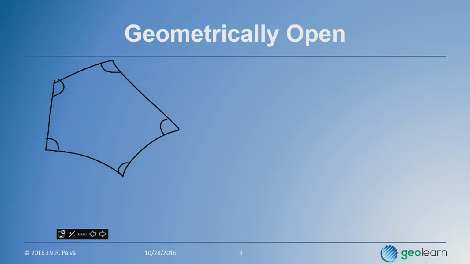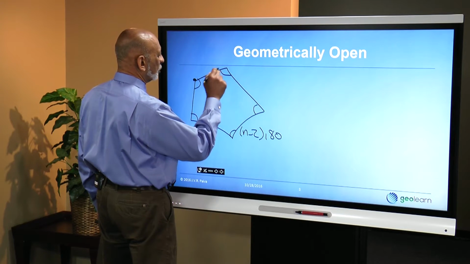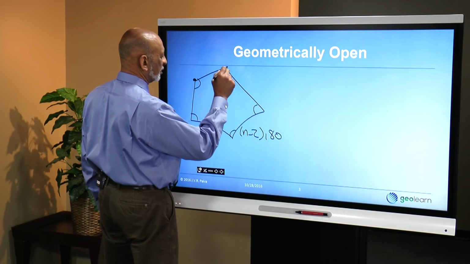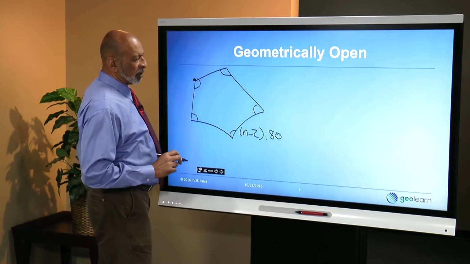What do I mean by that? Well, there are several things you can check. The first is that the angles all add up to the theoretical value of (n minus 2) times 180. You can also do some calculations, which we will not cover in this course, but which we will cover in the next course, that will allow us, if we begin at a certain point, to actually calculate where we've come if we use the bearings, the distances and angles we measured to see if we end back at the point we started from.